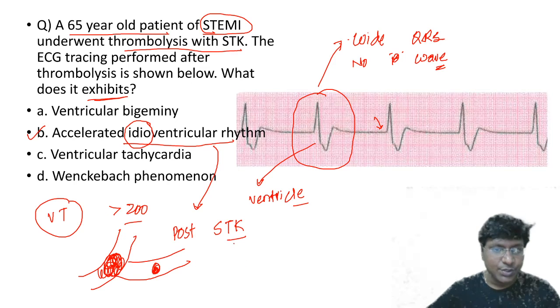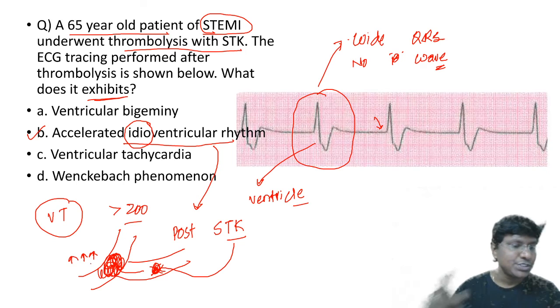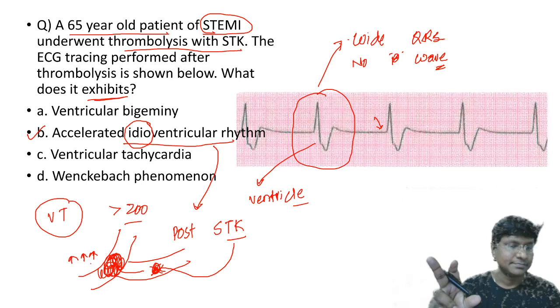Now you have given STK and you have dissolved this particular thrombus. When you dissolve this thrombus, the perfusion to this myocardium increases. Whenever the perfusion to the myocardium increases, that part of the myocardium will try to generate an impulse, and that is what is called idioventricular rhythm.